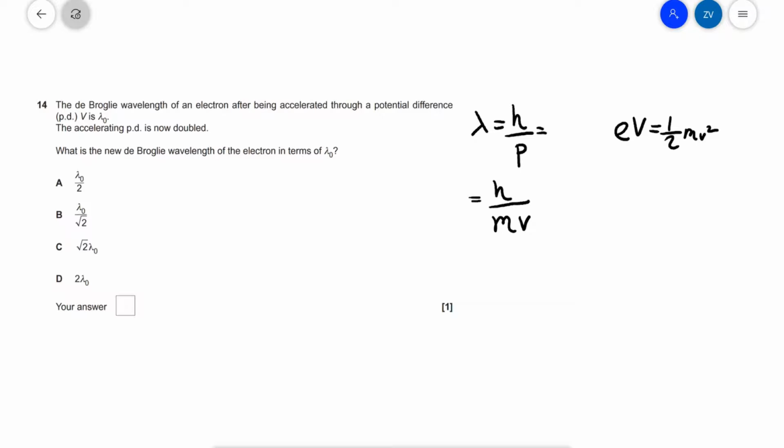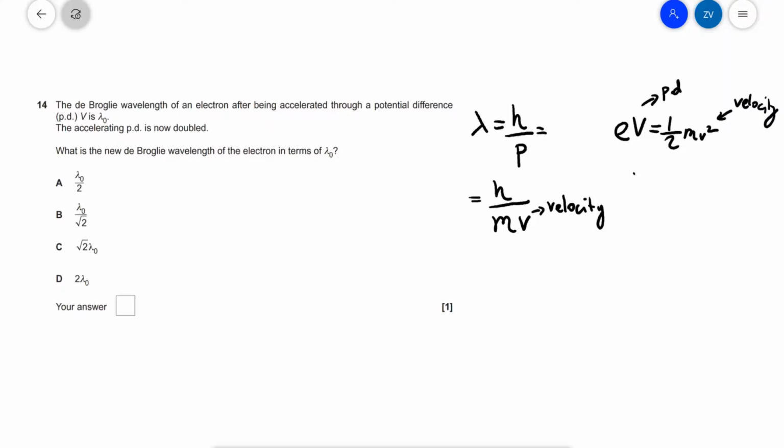Keep in mind here that this capital V stands for potential difference, and this lowercase v stands for speed. And this over here is also speed or velocity, in this case for the momentum. So I'm just going to label them to avoid any confusion with what's capital and what's lowercase. So this over here is the PD and this over here is the velocity.